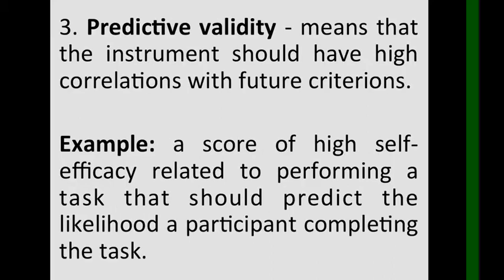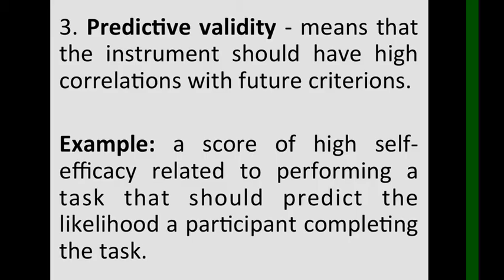Okay, predictive validity. Means that the instrument should have high correlation with future criterions. A score of high self-efficacy related to performing a task should predict the likelihood of participant completing the task. So, kapag mataas daw ang self-efficacy, ibig sabihin, mas mataas din yung chance na matatapos niya yung given task sa mga activities niya.